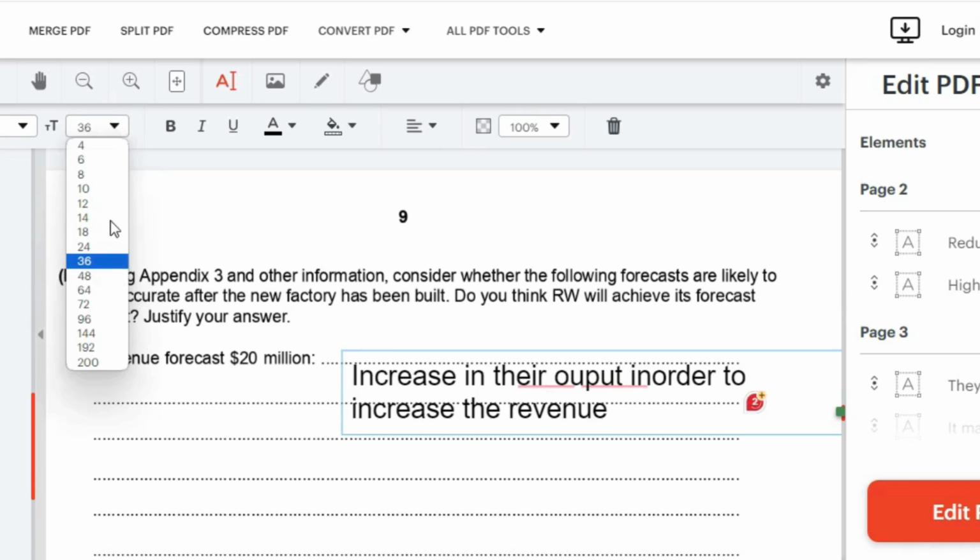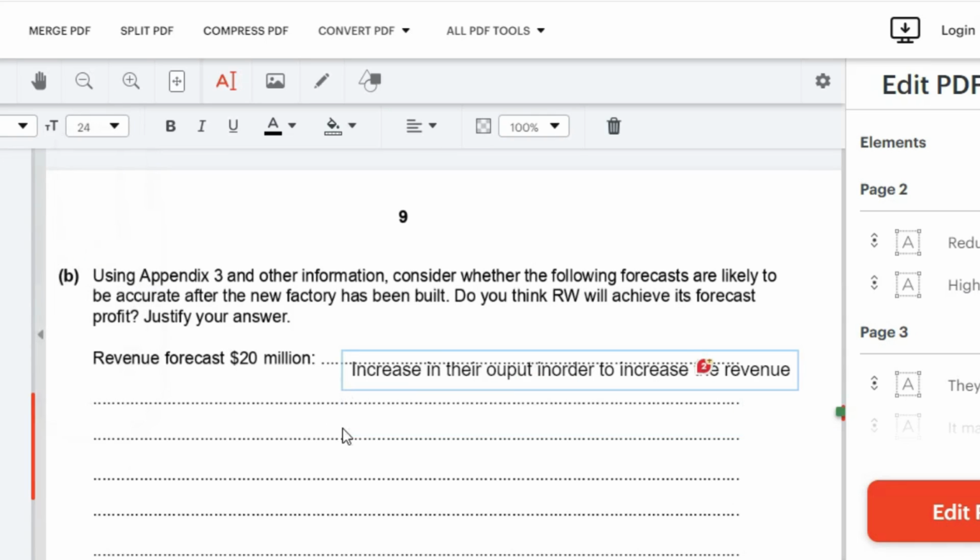That is just one point for them to achieve the revenue forecast.